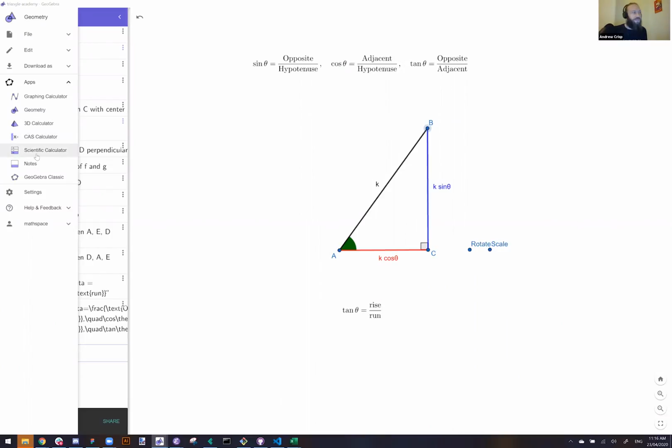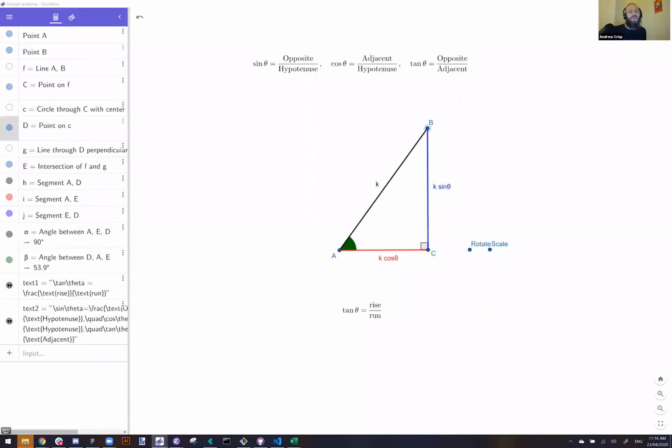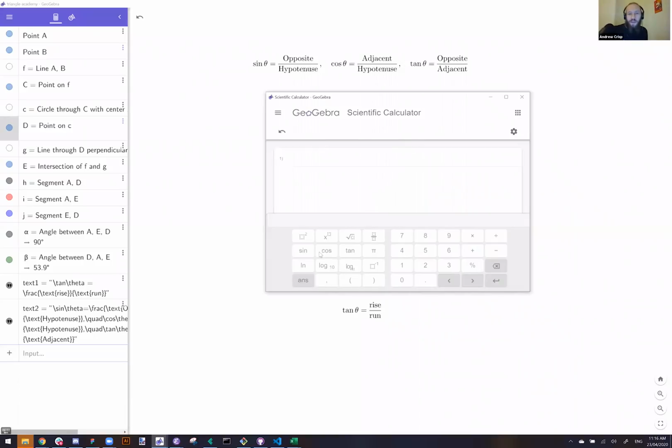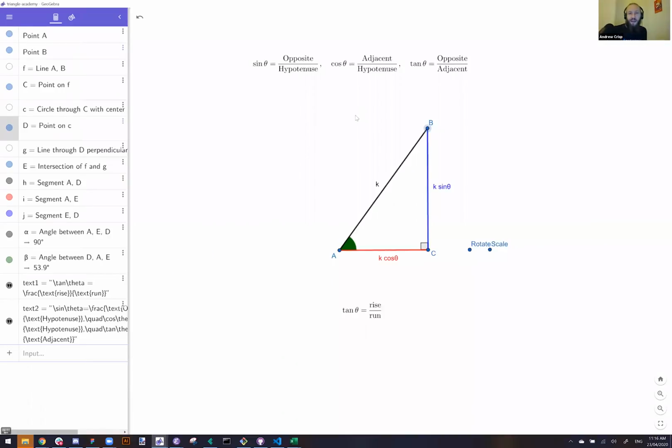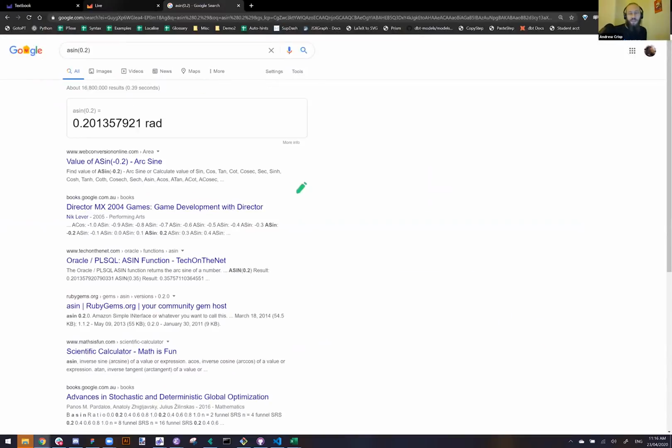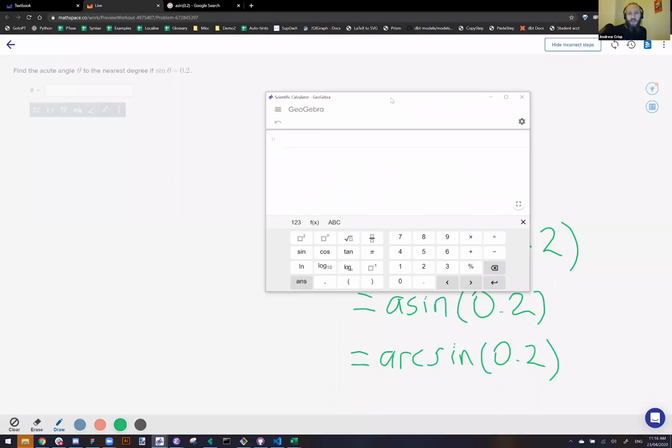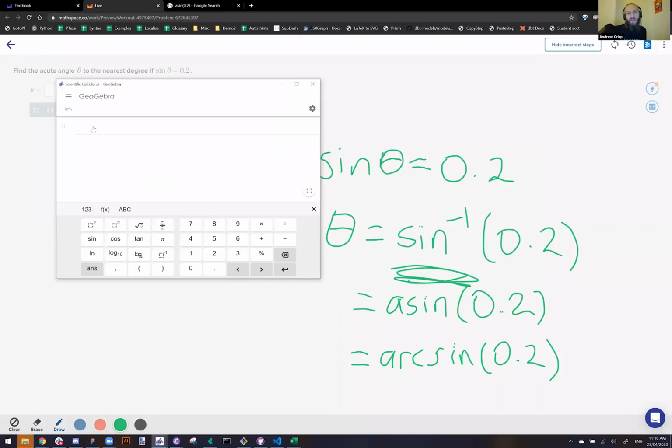Well, I think a scientific calculator will be fine. Oh, cool. Great. It opened it up without messing it up. Okay, so this time, let me go back to my problem, because Google, what a fail. Thanks, Google. So you will have a calculator that lets you do this kind of thing.